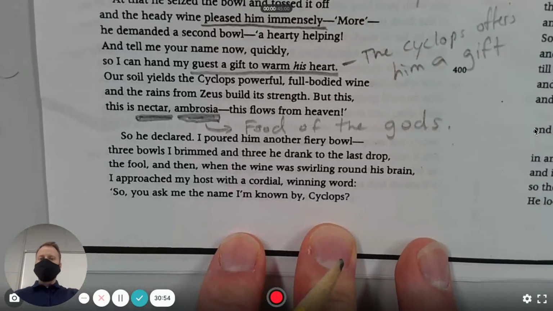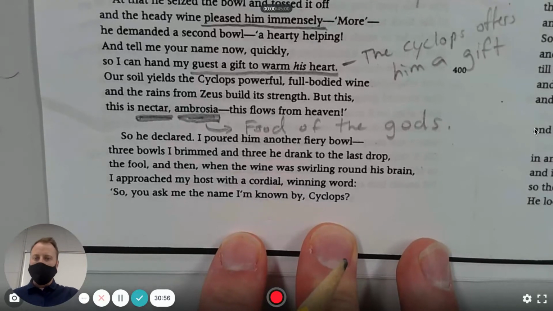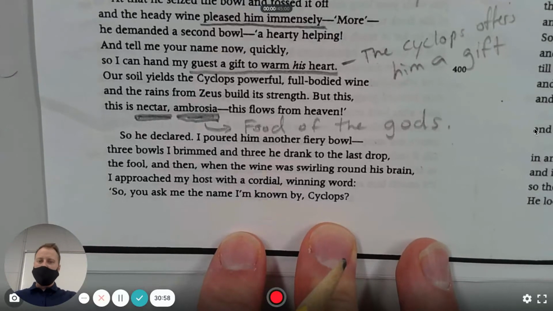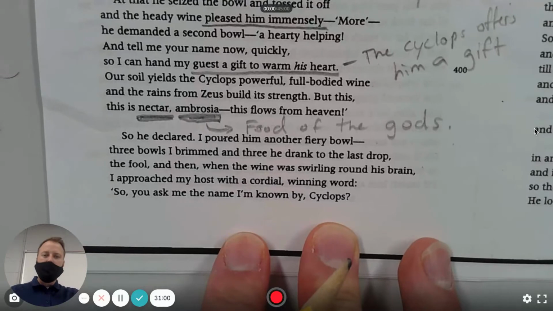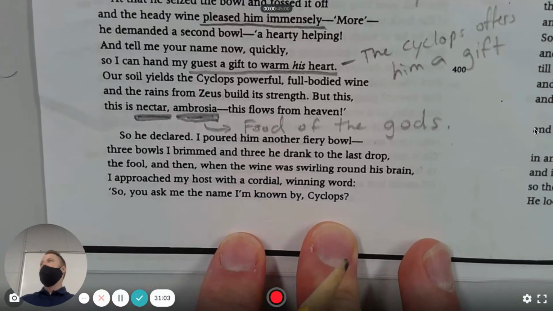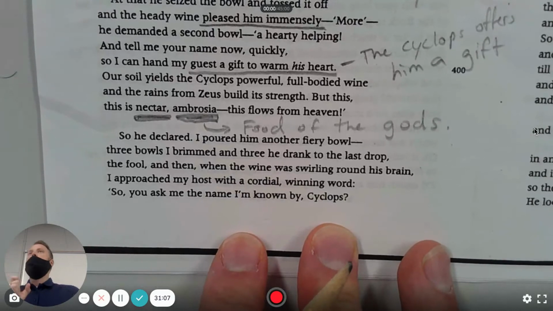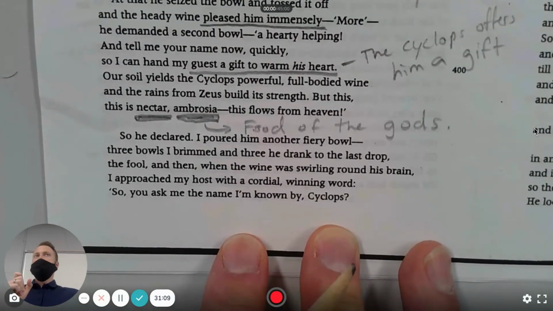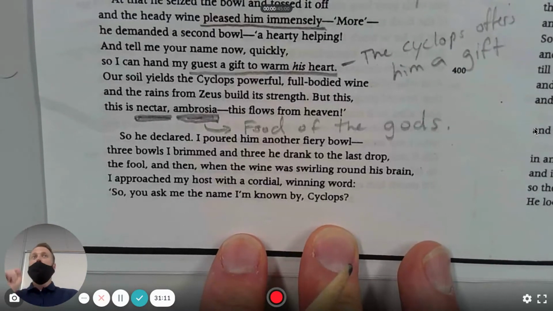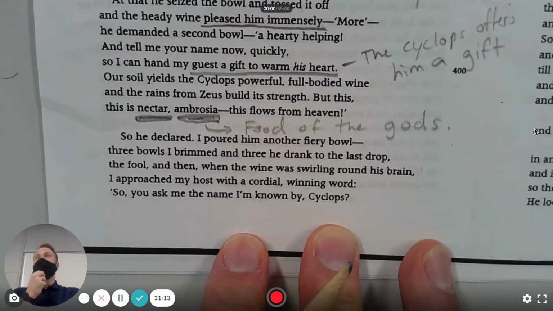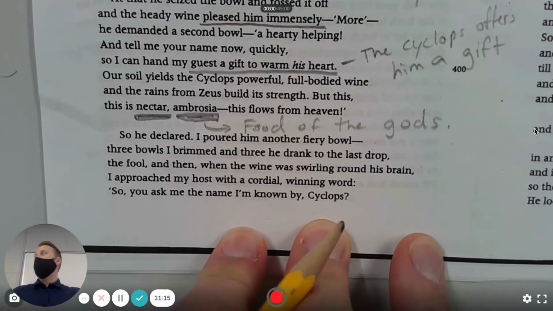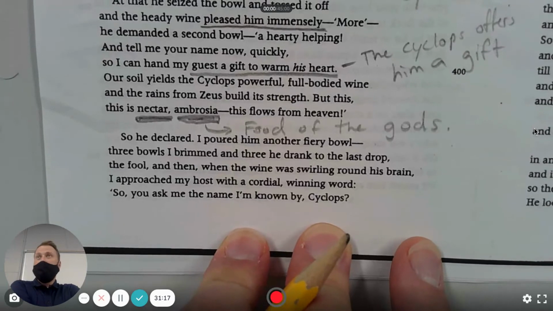So he declared, I poured him another fiery bowl. 3 bowls I brimmed, and 3 he drank down to the last drop. So how many drinks did we say 1 bowl of wine, or 1 glass of wine represented? Anybody remember, William? So 20, 1 glass of this wine is worth 20 glasses of wine.